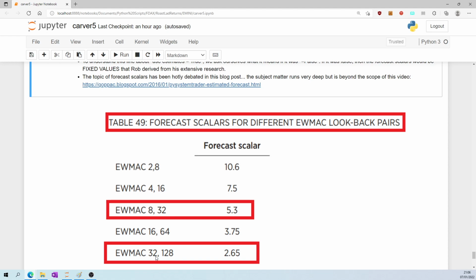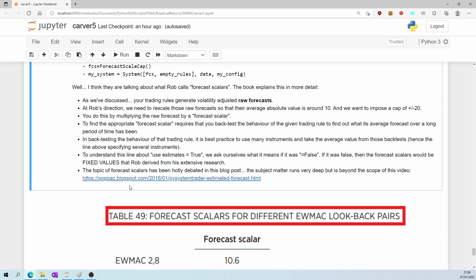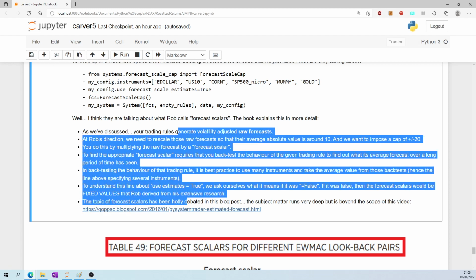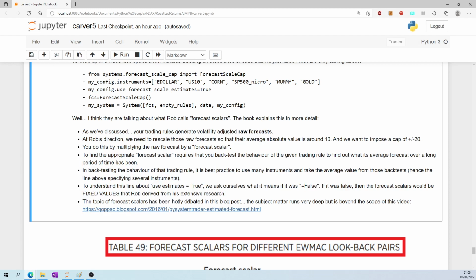For EWMAC 32-128, it's 2.65. By the way, this topic of forecast scalars has been hotly debated on one of Rob Carver's blog posts. So this is a nuance of the trading system that apparently has a lot of depth to it, and you can think about it for hours and hours and hours and still be coming up with new ideas.